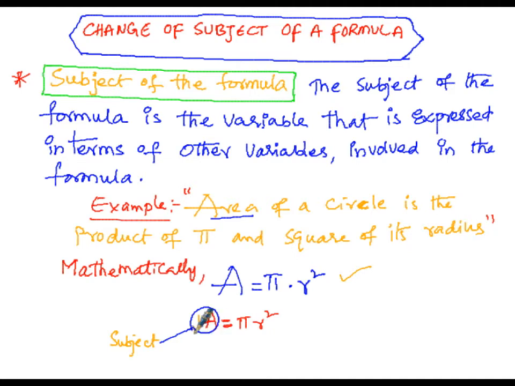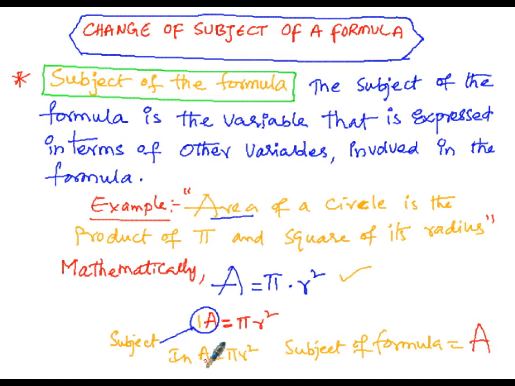So in A equals pi r square, the subject of the formula is A.